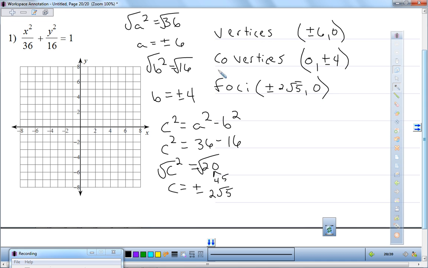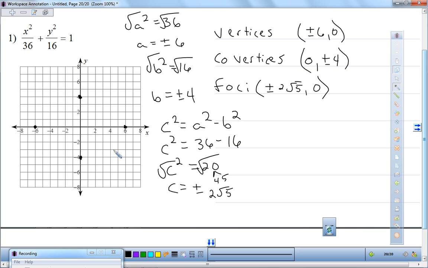So we found the vertices, the co-vertices, and the foci. Now, to graph it, I'm going to put a point at negative 6 and positive 6, because again, that's in the x value. Now I'm going to go up to 4 and down to 4. Okay, and so those are our points.